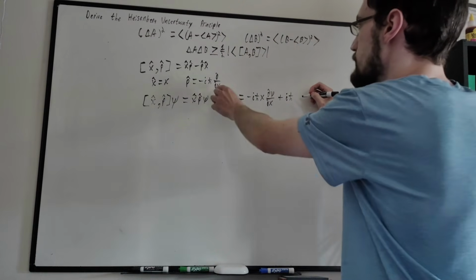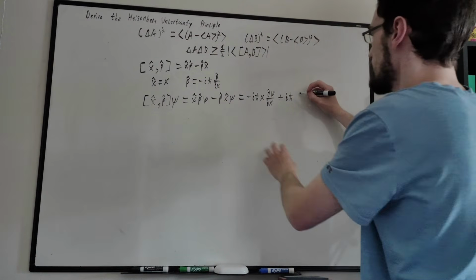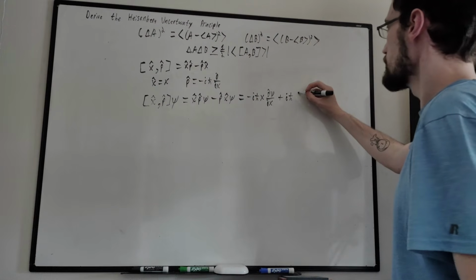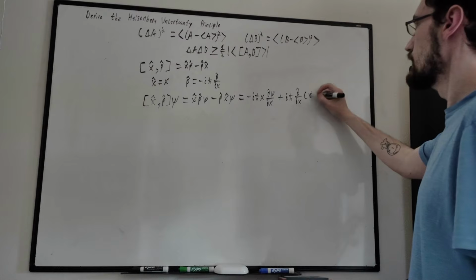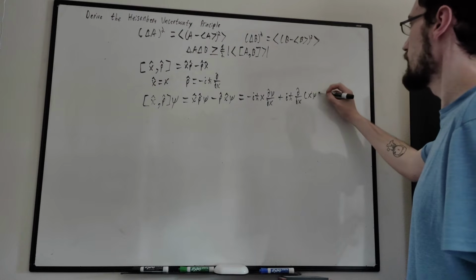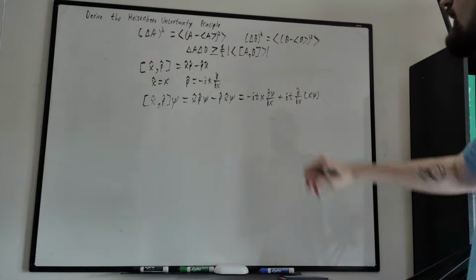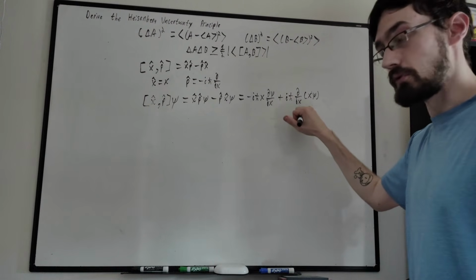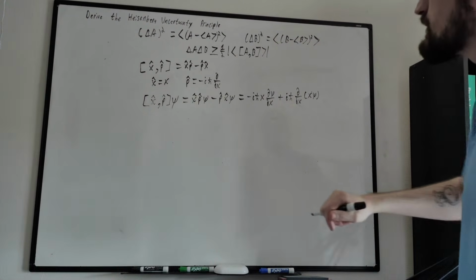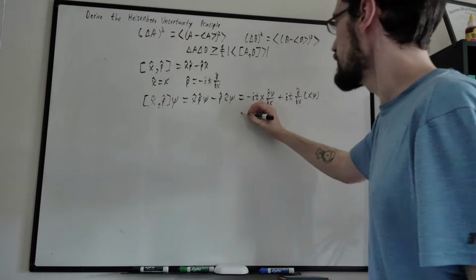But now we have a derivative operator acting on a product, so we have the partial derivative with respect to x of x times psi. So in other words, we have to use the single variable product rule from calculus to evaluate this. And so what do we get?